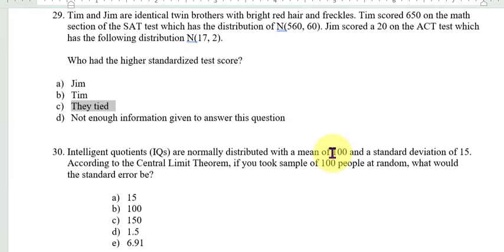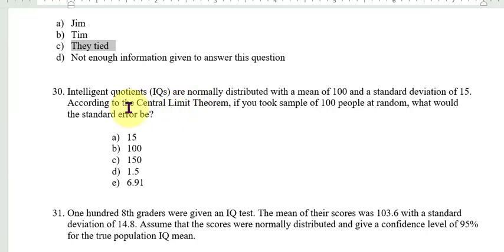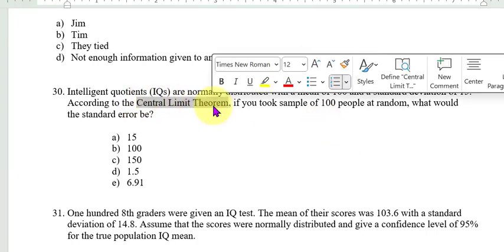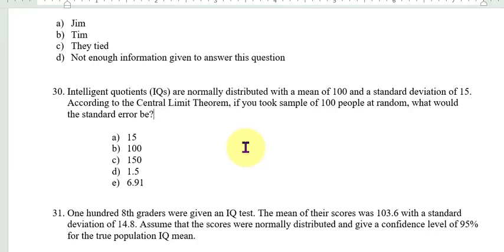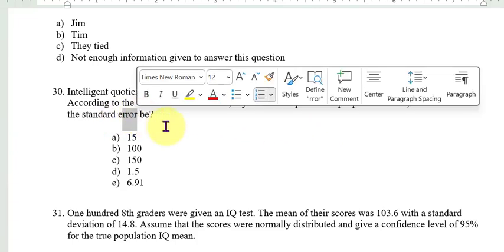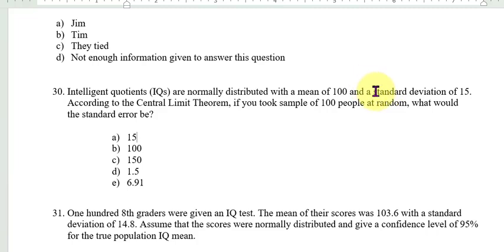All right, moving on. IQs are normally distributed. Again, normally is important. They give us the mean of 100 and a standard deviation of 15. According to the central limit theorem, that's about the only theorem there is in statistics, if we did a sample of 100 people, what would the standard error be? Now remember, the standard error is related to the standard deviation with a little bit of difference.